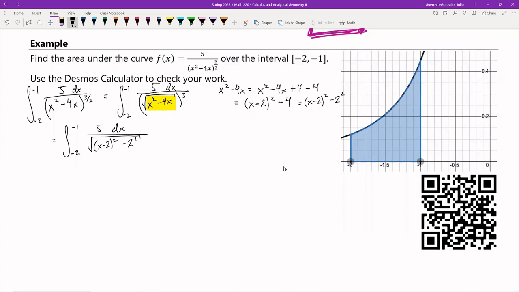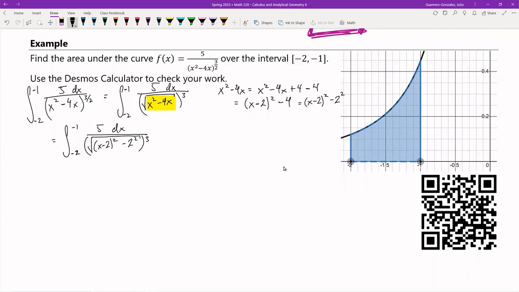Hopefully you guys see that. And look at me go, I forgot a cube. So all of that thing on the bottom is still cubed.